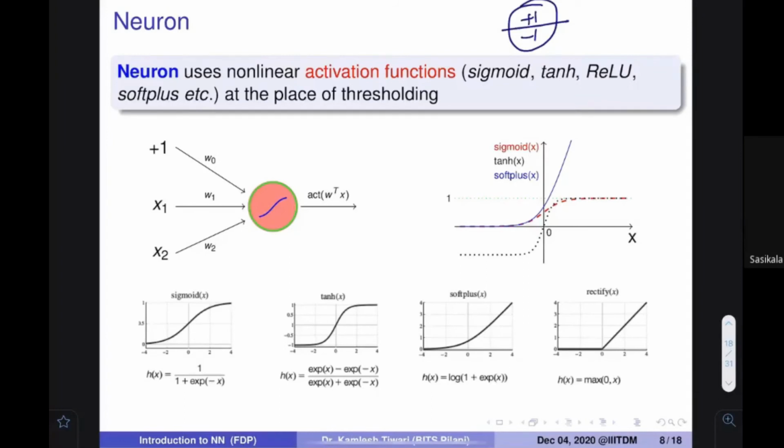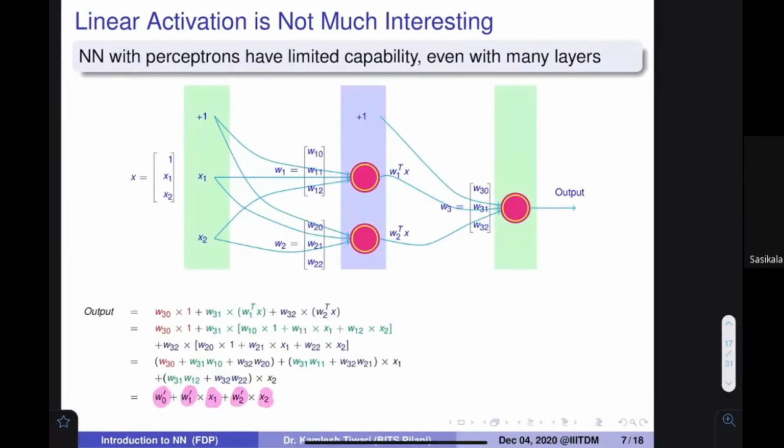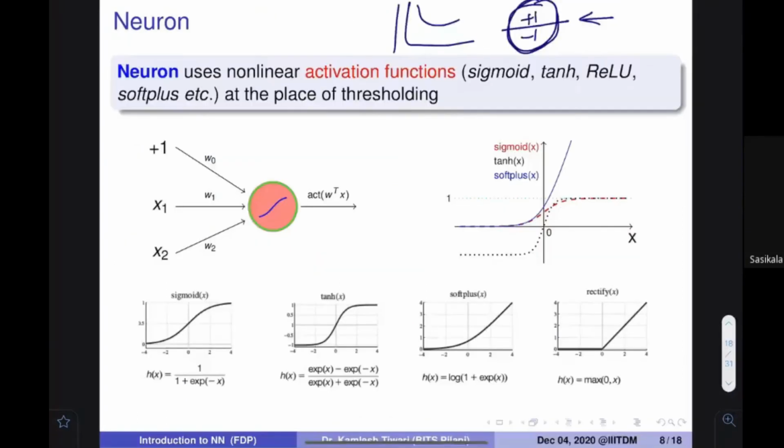Can we apply something else so that instead of 0 and 1, we can find some gradual values? That may work for us, because the problem was that the output we were getting was not gradual. Sometimes it was +1, sometimes -1. That was the problem, and that's why we removed the thresholding.